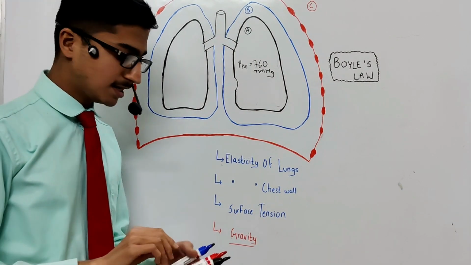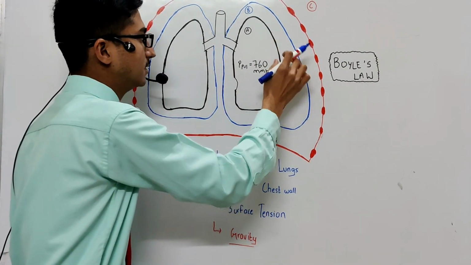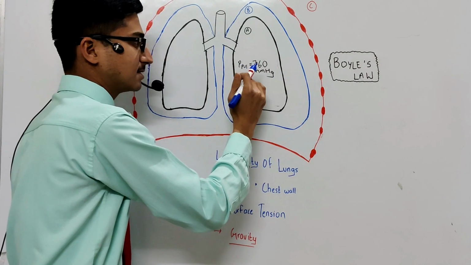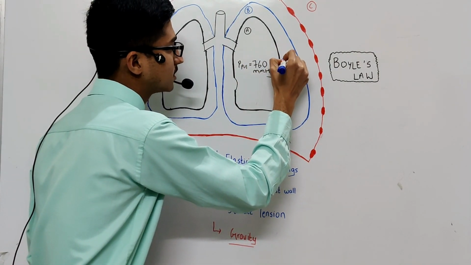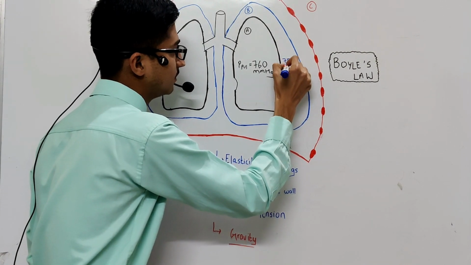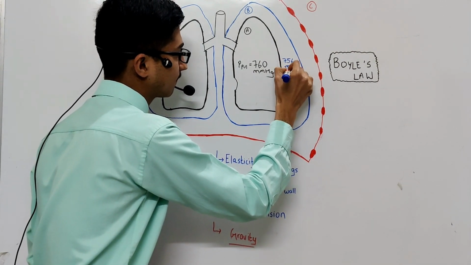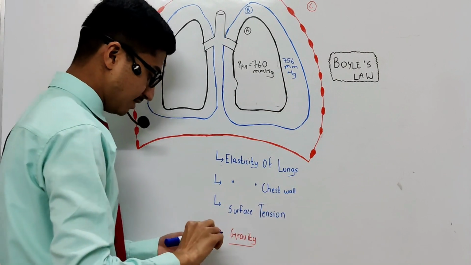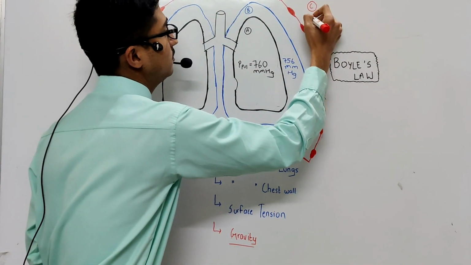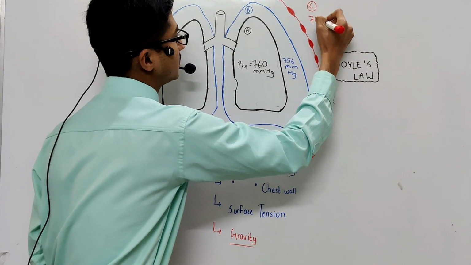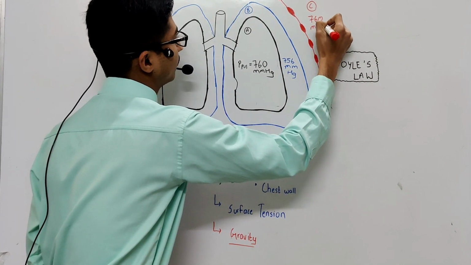The pressure inside the pleura, that is here, is slightly less than the intra-alveolar pressure. Let's suppose it is about 756 millimeters of mercury. And the pressure in the atmosphere is about 760 millimeters of mercury.